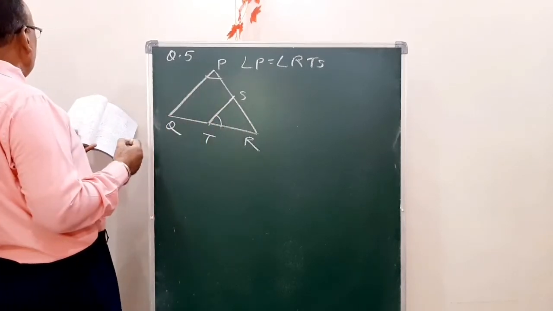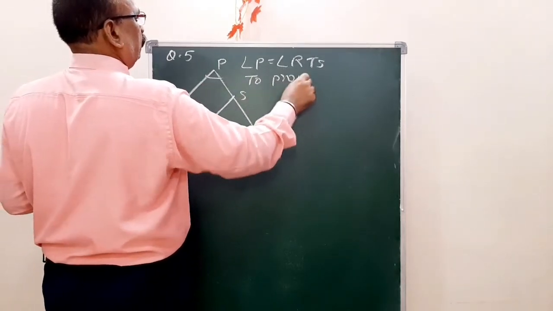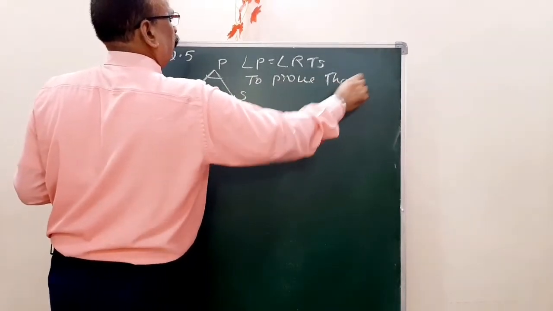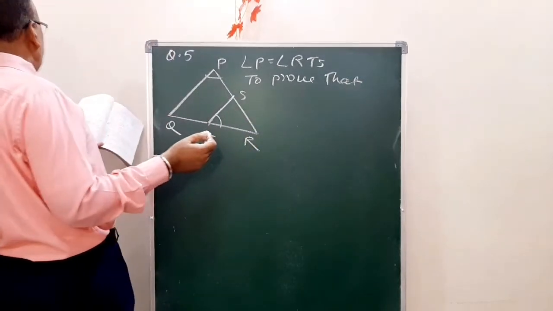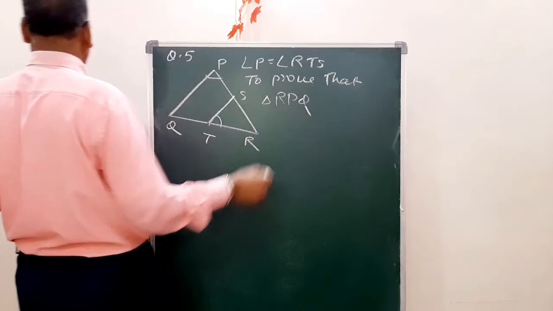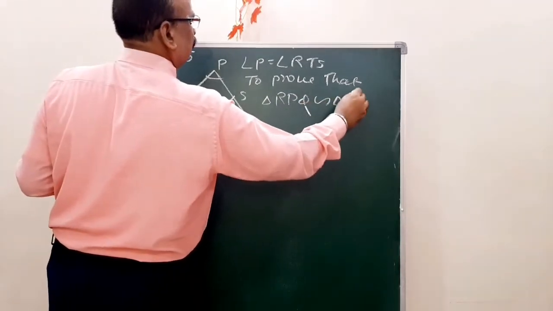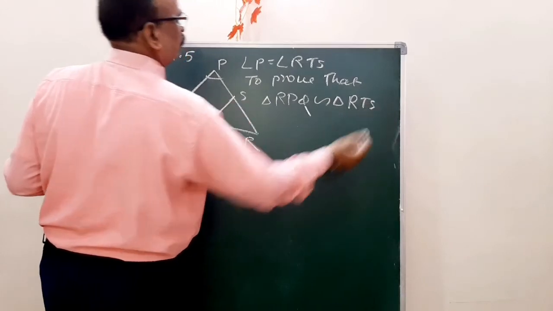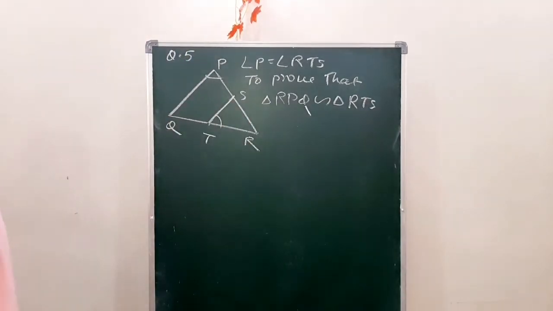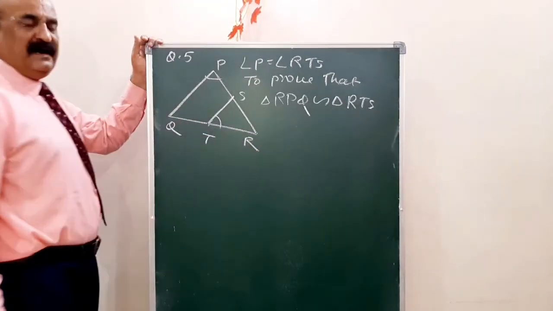This is given to you. You have to show that, to prove that, triangle RPQ is similar to triangle RTS.